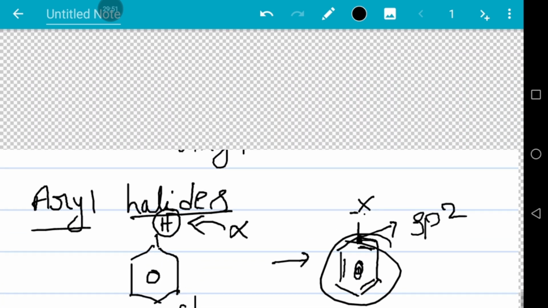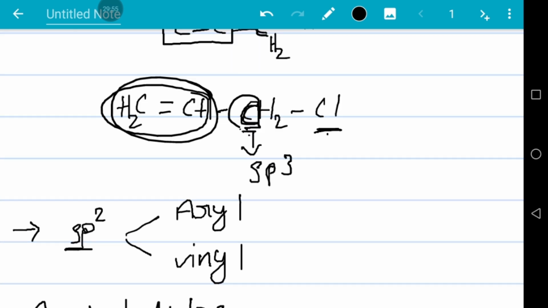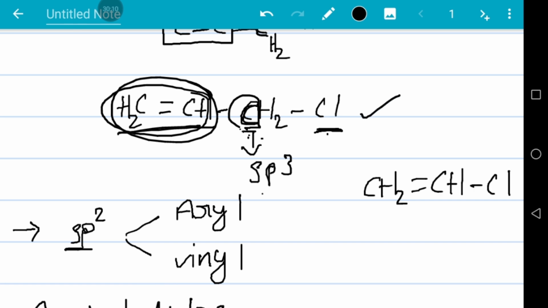So here allyl halide and vinyl halide, if you observe, allyl halide means halogen is attached to sp3 hybridized carbon which is adjacent to the double bond. Here vinyl halide means CH2 double bond CHCl, means this is the allyl halide, this is the vinyl halide. Here halogen is attached to which hybridized carbon? sp2 hybridized carbon. Here halogen is attached to sp3 hybridized carbon.